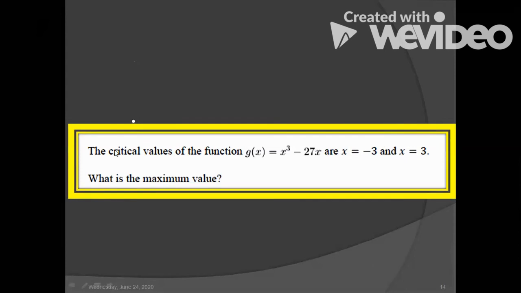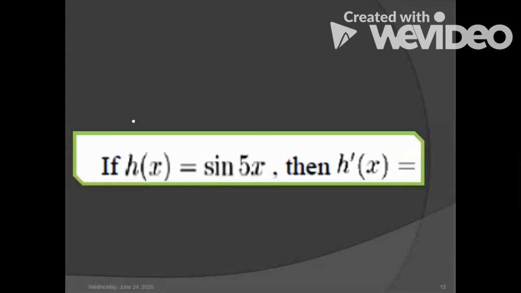Alright, so let's continue. This is a very simple one. When you differentiate trigonometric functions, we have certain rules. So h prime: we differentiate the 5x.